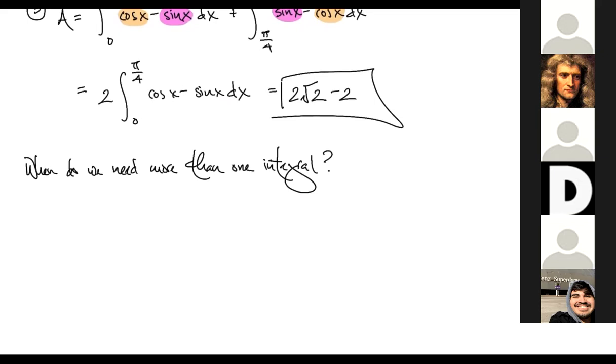Well, if you look at your picture, let's say that we had a function like this, and then a function like that. And if I choose this interval from here to here, do we need one integral or more than one integral?